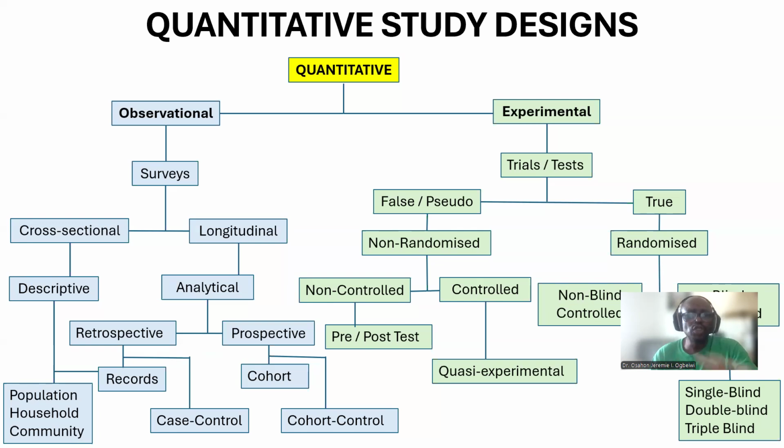Usually, cross-sectional surveys are descriptive studies, and they include record surveys, population surveys, household surveys, and community surveys. So those are cross-sectional studies.